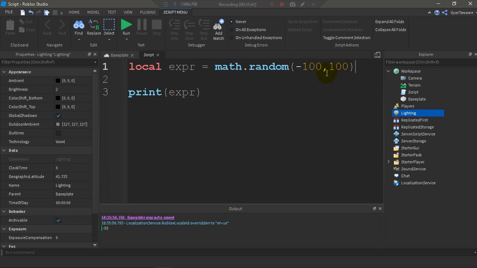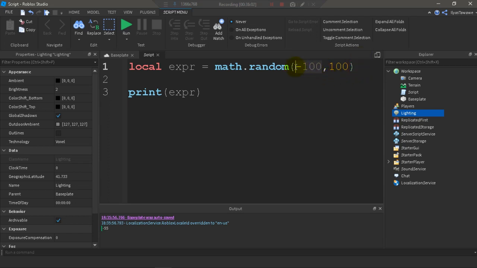So if you actually want to get a decimal value with two places after the comma, we can do that.